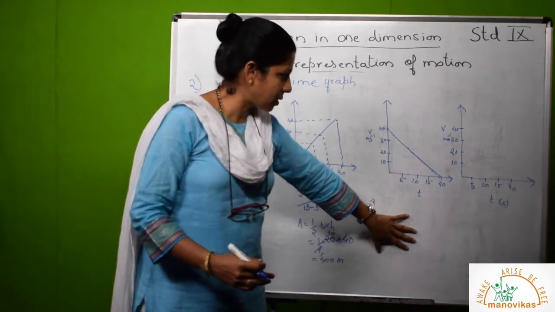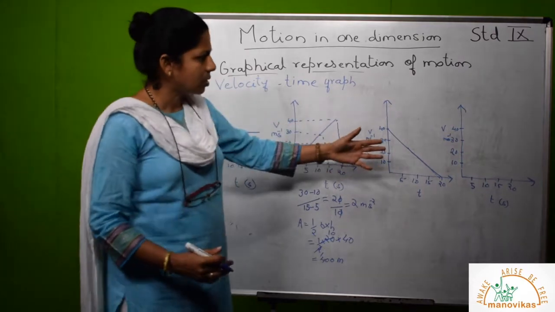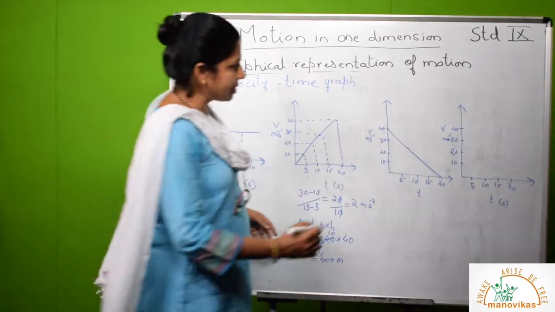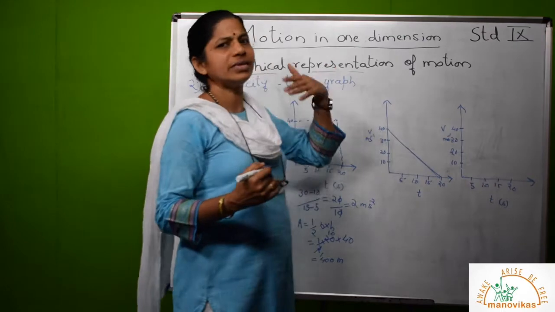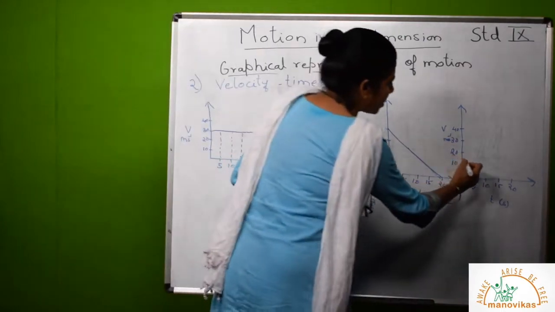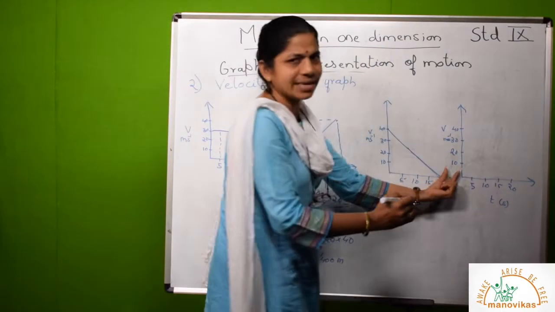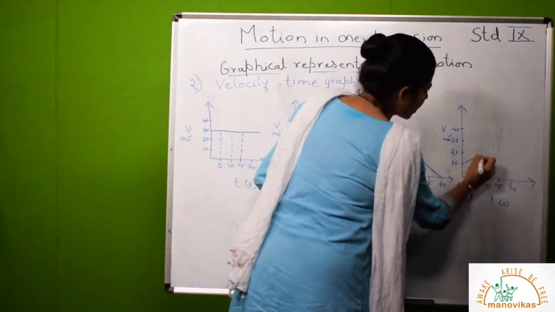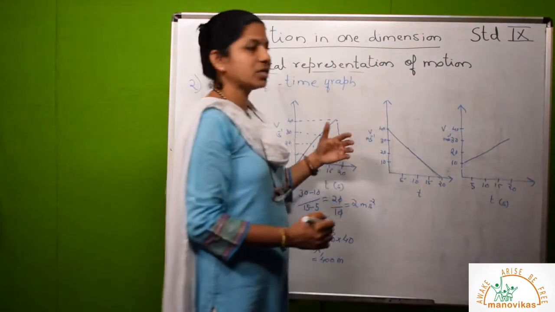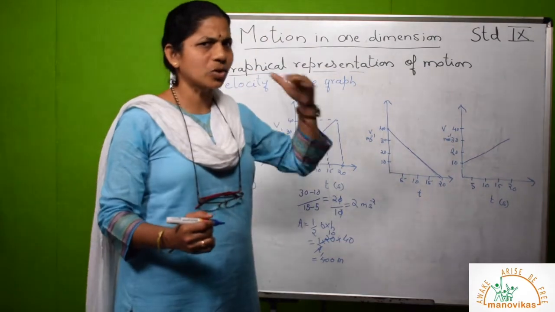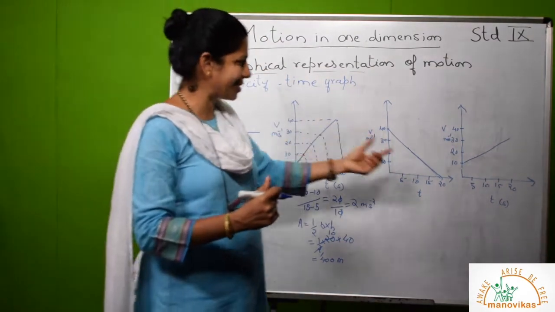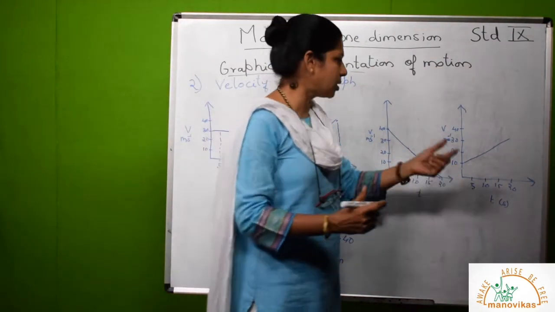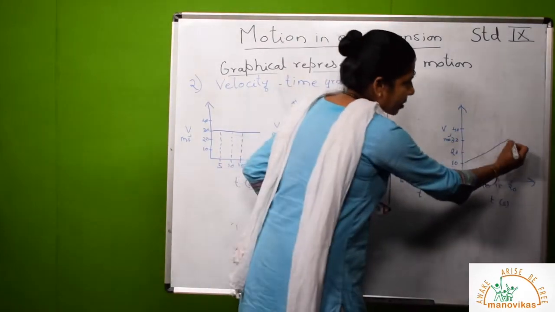Okay, and the next type of graph is wherein suppose the initial velocity is some value like 10 meters per second, and you have a graph like this. That is, initially the velocity is not 0, the object is not starting from 0, instead it has some velocity here.